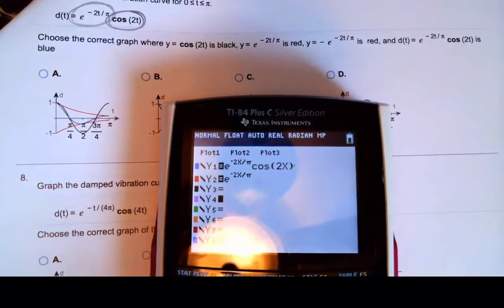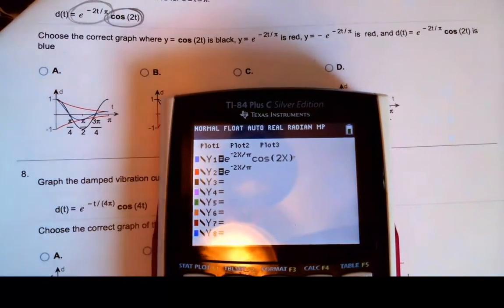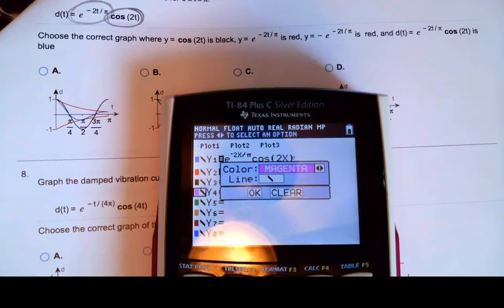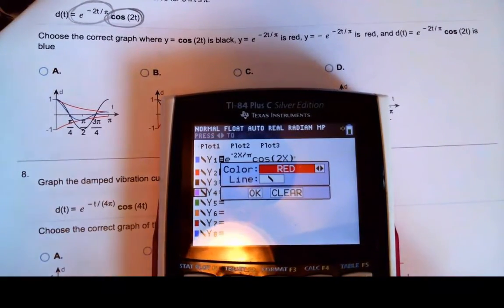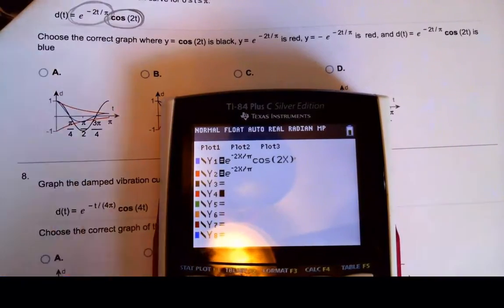I'm not going to bother changing y3 into red, because then I would just have to change this into black, and that's too much effort. So I'm going to highlight, and instead of magenta, I am looking for red. And there we go. So scroll down and hit OK. And so now I've got my other curve.